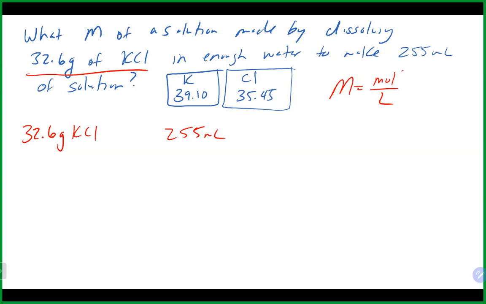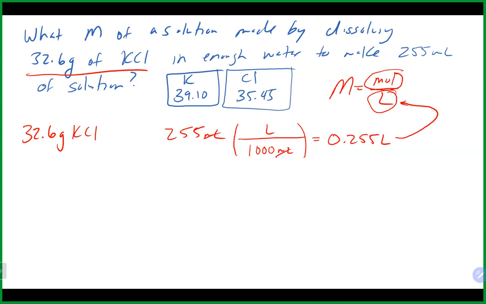We need to convert our grams into moles, and we need to convert our volume from milliliters to liters. I'm going to do that one first. There are 1,000 milliliters in a liter. The milliliters will cancel, and that gives me 0.255 liters. That again is what's going to go into our bottom.